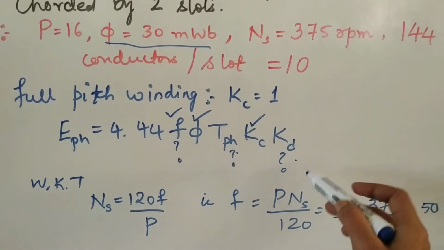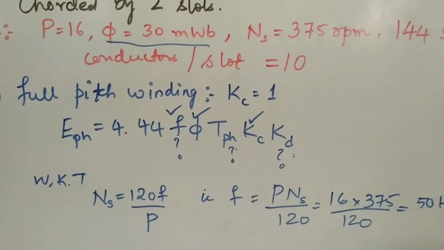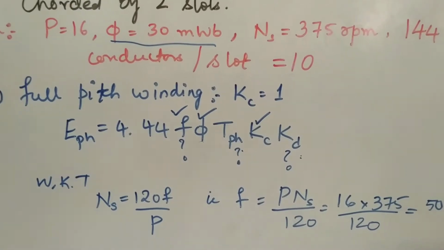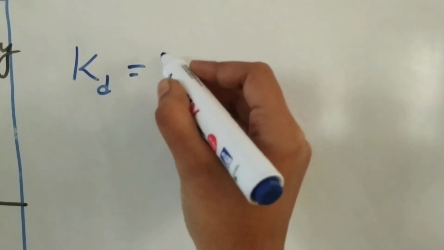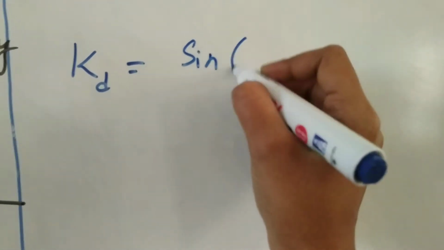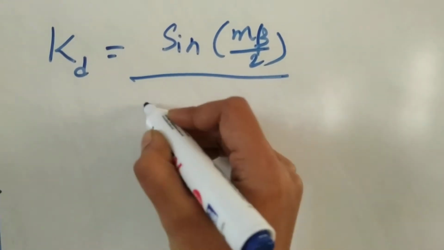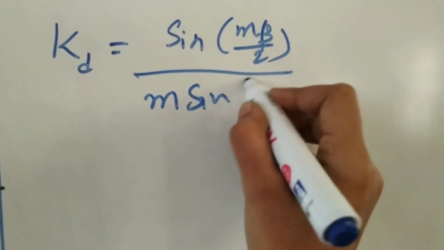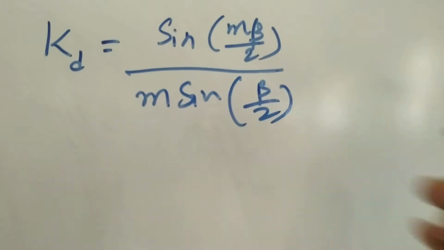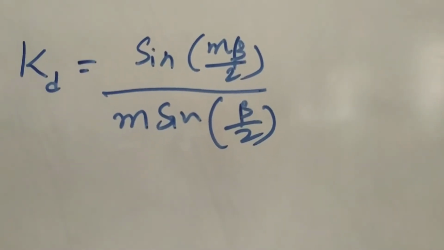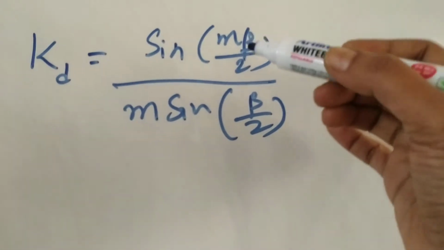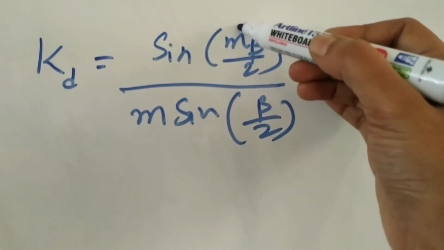Let us solve the distribution factor first. Kd is given by sine of m beta by 2 divided by m into sine of beta by 2, where beta is the slot angle and m is the slots per pole per phase.